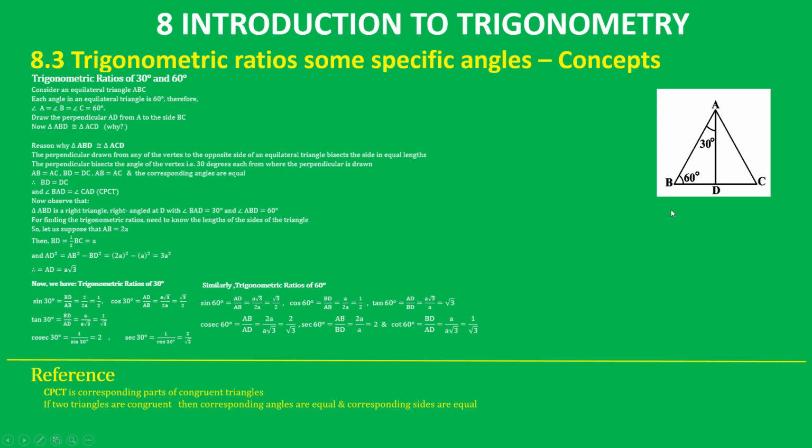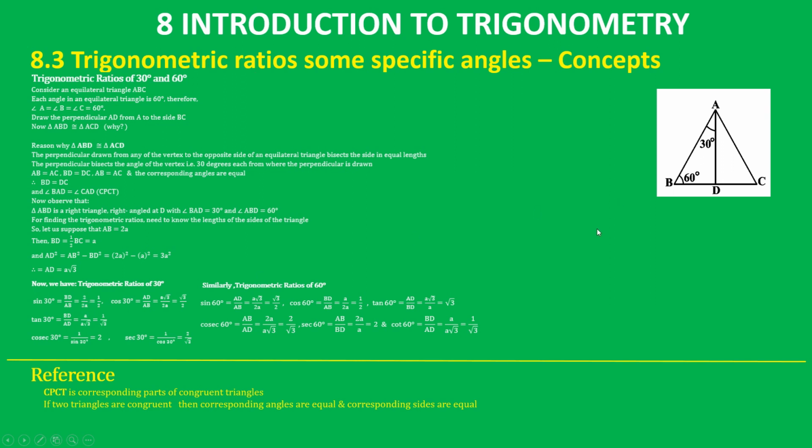Now simple, right? You write now first 30 degrees. Sine 30 is opposite side by hypotenuse. Opposite side is BD divided by AB. BD is A, sorry, you correct this.